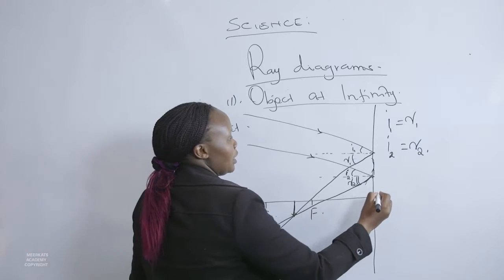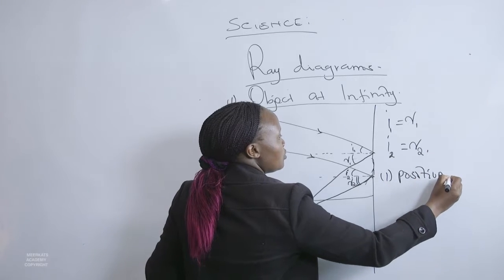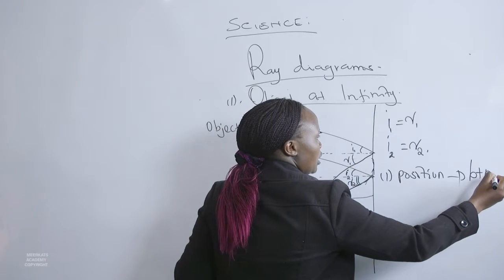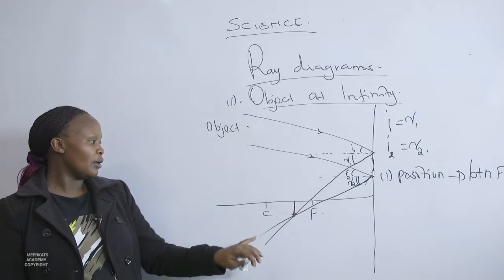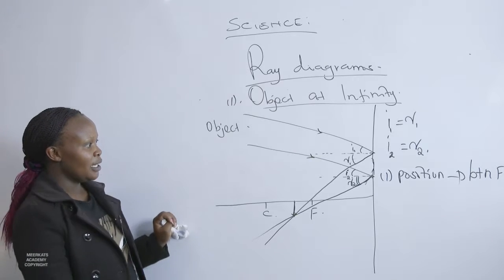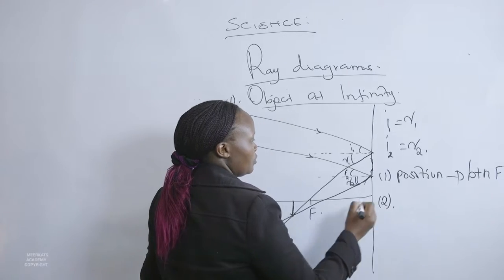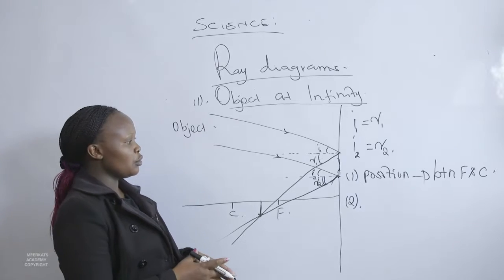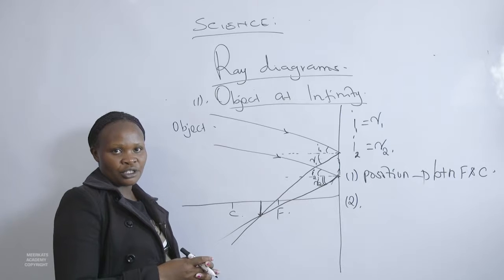Now look at number 1, position. For the position, you say it's actually between F and C. Number 2, you note that our object is on the same side as the image.